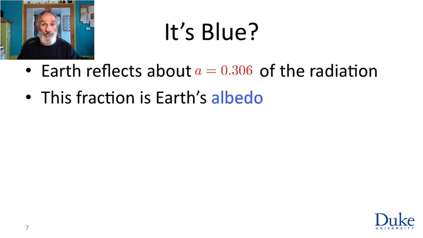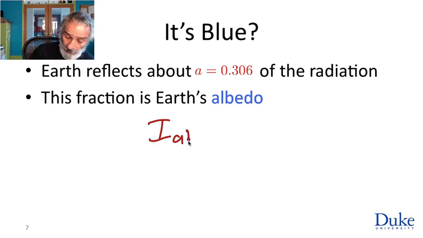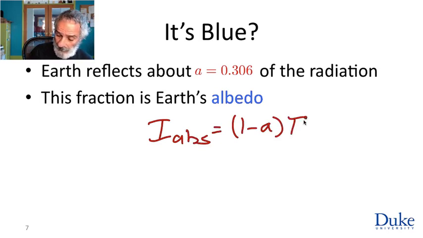Now, with Earth's albedo of about a third, that means that the amount of the sunlight that goes to heating Earth, the amount of sunlight that is absorbed by the Earth heating it, is only about 2/3 of the incoming light. That means that the amount of light Earth absorbs, which we will denote by I absorbed, is only about 2/3, a fraction 1 minus A, of the incoming radiation.